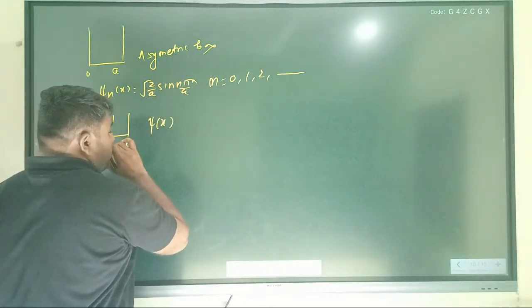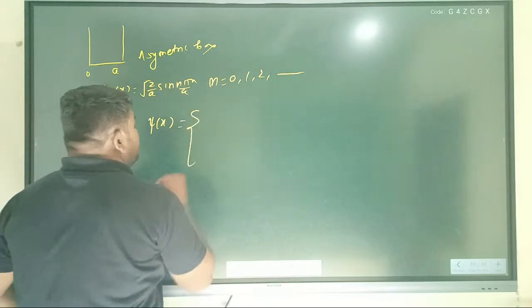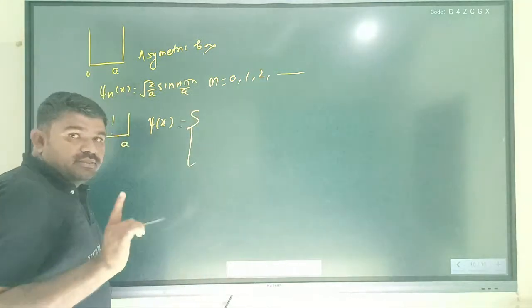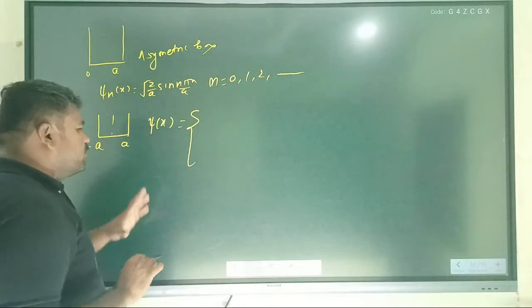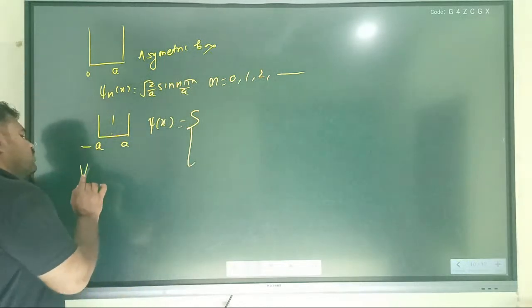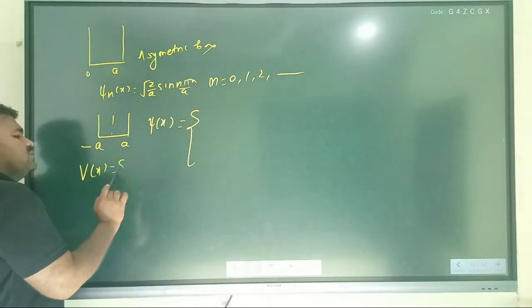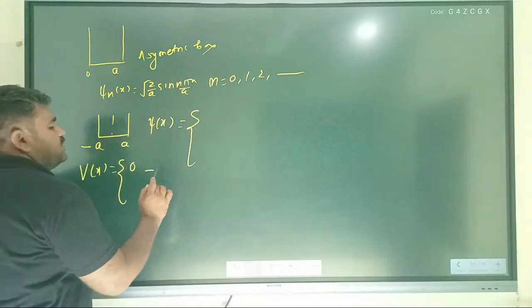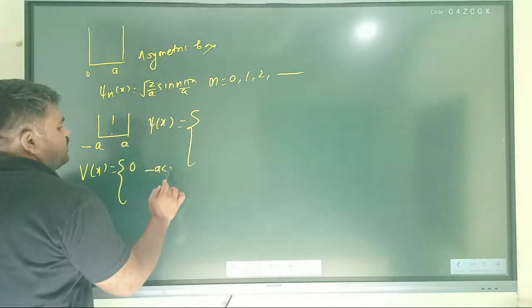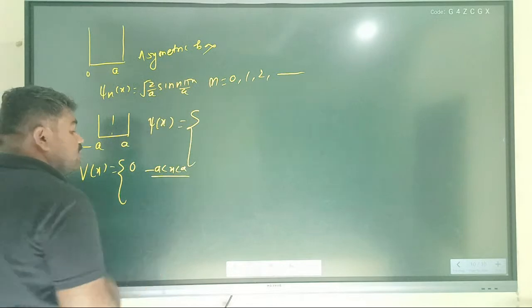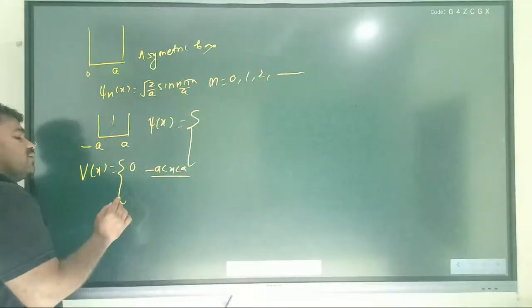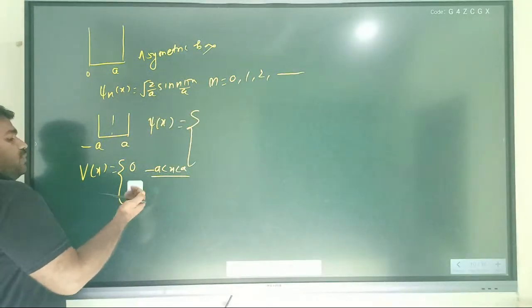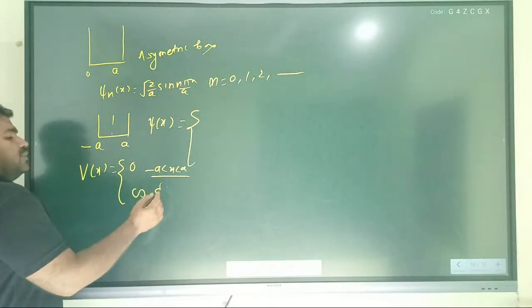So psi of x is equal to, we getting the two wave function. Always memorize. जब भी हमारे पास wave function और potential का nature ऐसे होगा, v of x is equal to 0. In which region? Minus l to plus l or minus a is less than x is less than plus a. मतलब ये हो गया symmetric. जब भी हमारे पास symmetric हो, okay, potential v is equal to 0 and infinity otherwise.